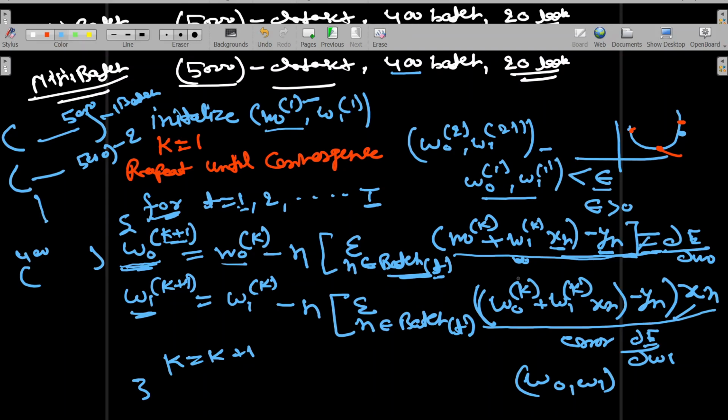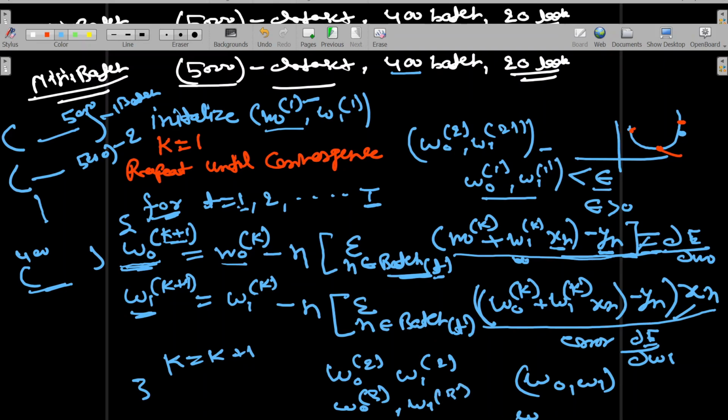So this is nothing but the sum of squares of error, taking the gradient over all points in the first batch, and then repeating this until 400 batches. In the first iteration, let's suppose you get w0 2 and w1 2, and in the third step you get w0 3 and w1 3.